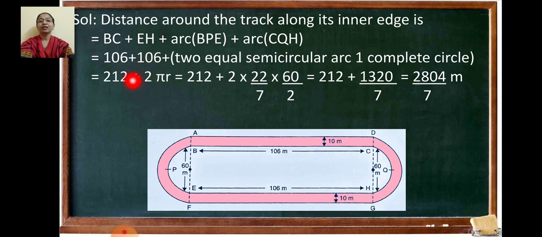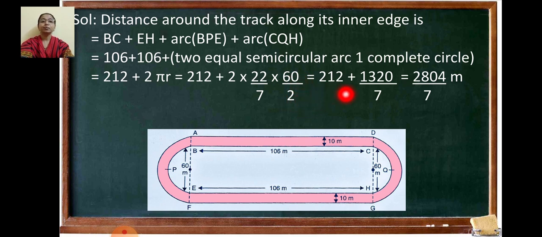So let us add them. 106 plus 106 is 212 plus 2 pi r, the circumference of the inner circle. So substitute the values. 212 plus 2 into the value of pi, which is 22 upon 7, into r, which is 60 divided by 2.